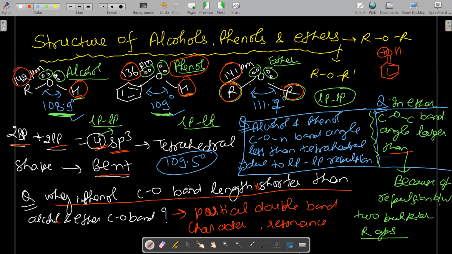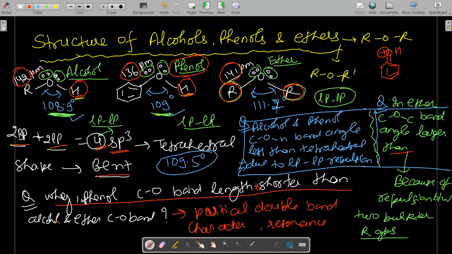The phenol C-O bond length is shorter than the alcohol and ether C-O bond lengths due to partial double bond character, and that is because of resonance. So phenol shows resonance, and due to resonance the partial double bond character rises, and a double bond is shorter than a single bond.